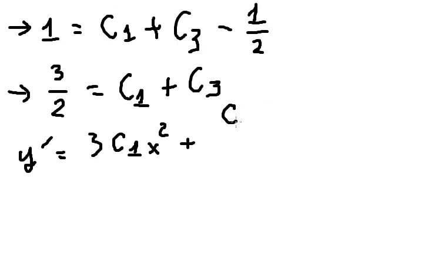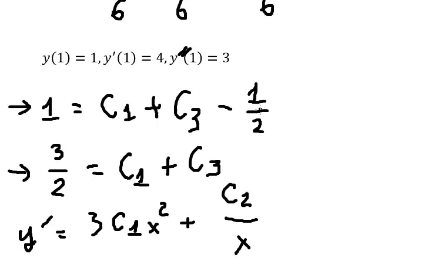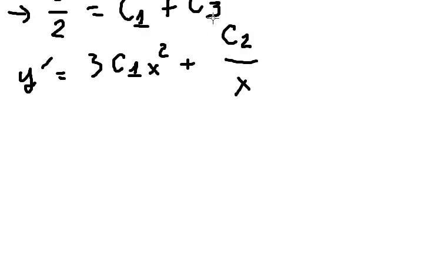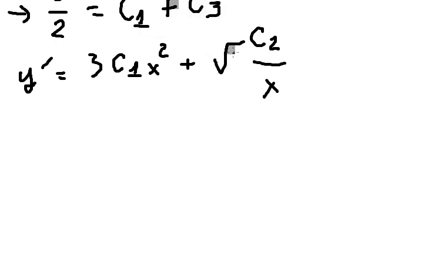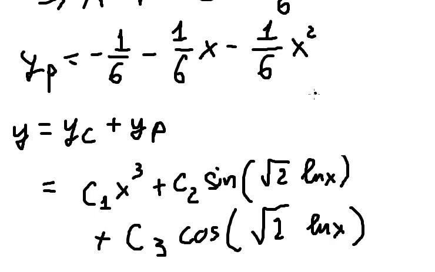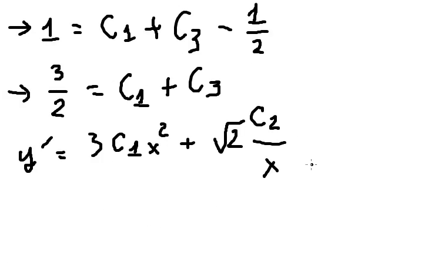So that should be c2 over x, and we have the square root of 2, and that should be cosine of the square root of 2 ln x.